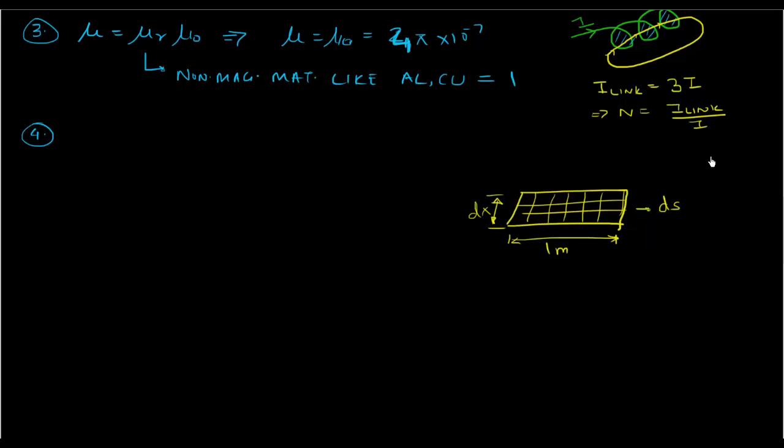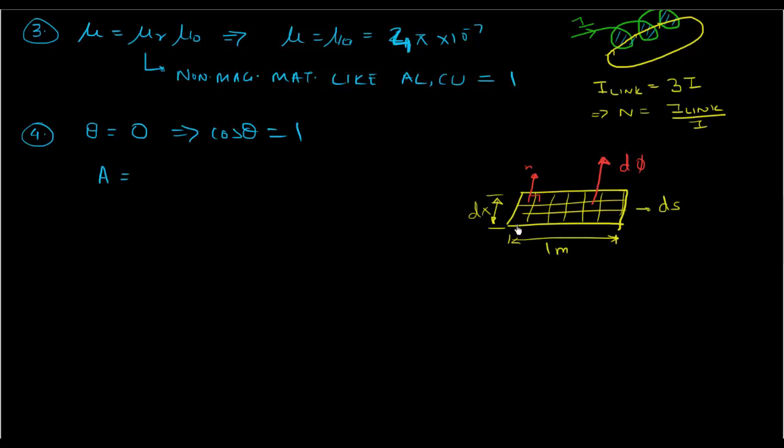We have flux line passing through this, d phi. And what's the normal to this? The normal to this is perpendicular. So what's the angle the normal is making with the flux? Let's write that down here. Theta is equal to 0, which implies cos theta is equal to 1. Also, what's the area?